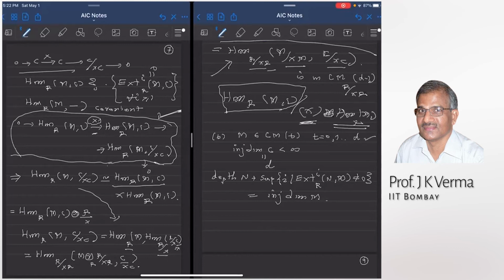So in this formula, we put M equal to C and N equal to M. What is the depth of M? In this case, the depth of M is t, because M is a Cohen-Macaulay module, and this number is d. So that says that Ext^i_R(M, C) is 0 for all i bigger than what number?